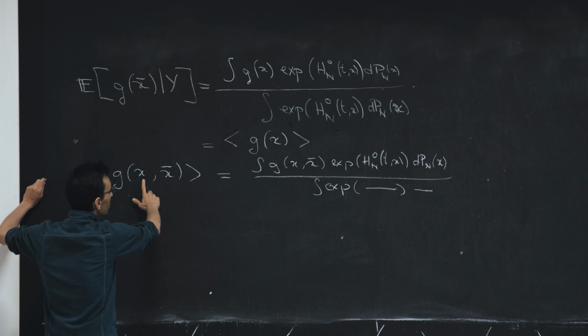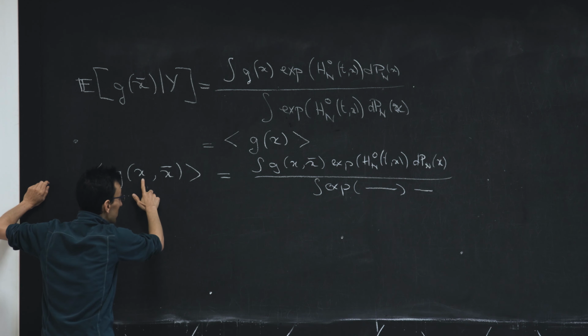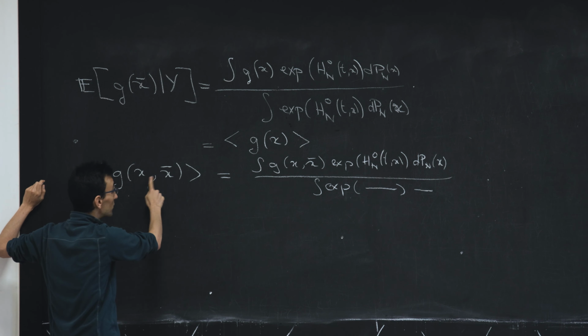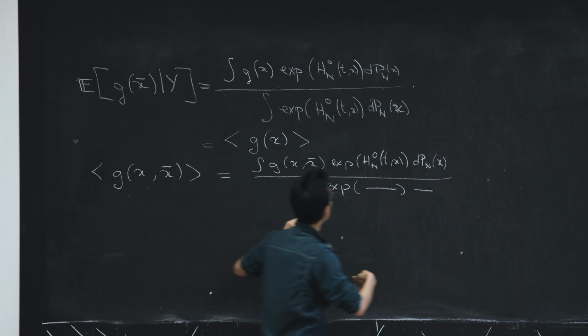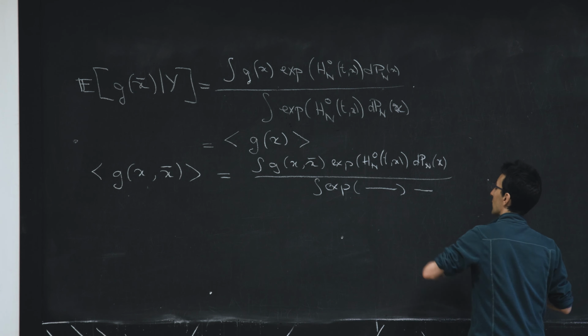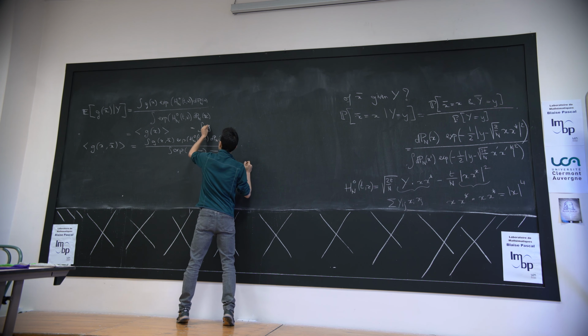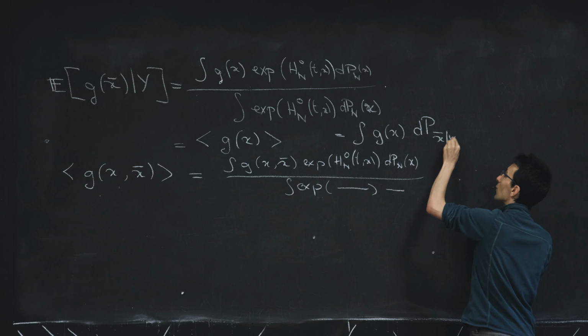Perhaps I want to stress one more time that x and x bar are different a priori. They really represent different things. Sometimes I like to also write this as the integral of g of x dP of x bar conditioned on y, x.